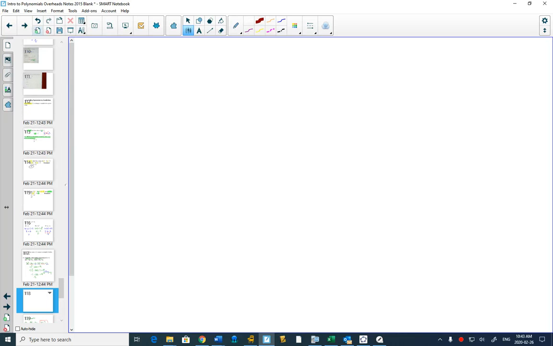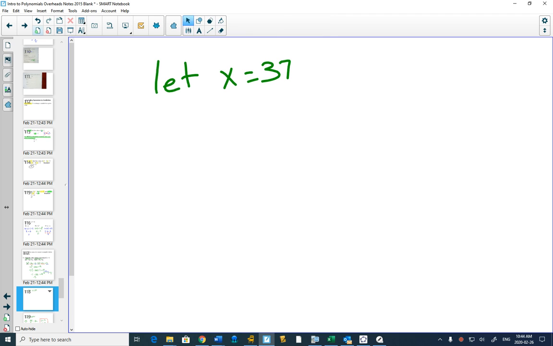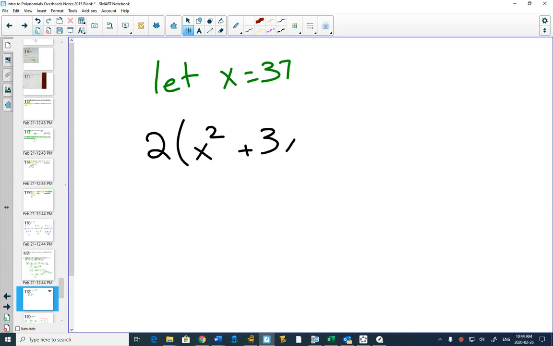It's non-calculator. Let x equal 37. And this is the question. You have to evaluate it without a calculator. 2 times x squared. So that's where that 37 squared comes in. Okay? Plus 3x. Oh, I'm going to actually have 4 times 37 squared.